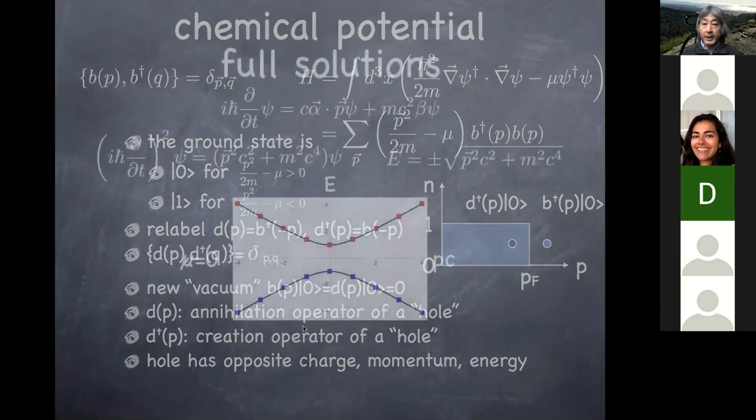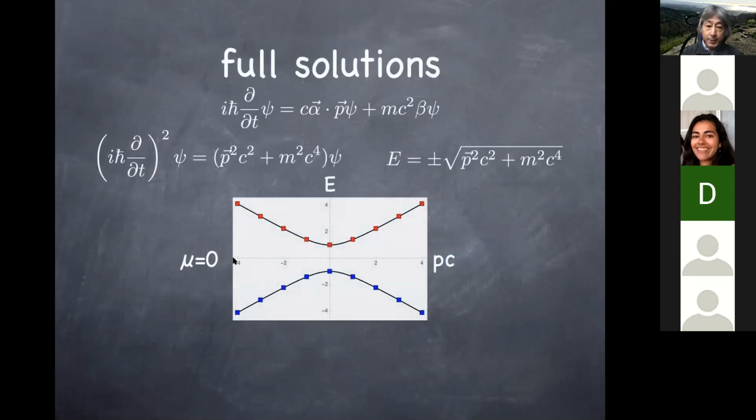And what we have to do in this relativistic theory is draw the line of the Fermi energy at exactly 0. So all the negative energy states now have to be occupied to come up with a well-defined ground state, because by occupying the state, you lower the energy.